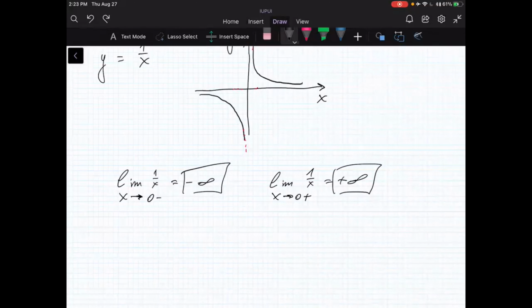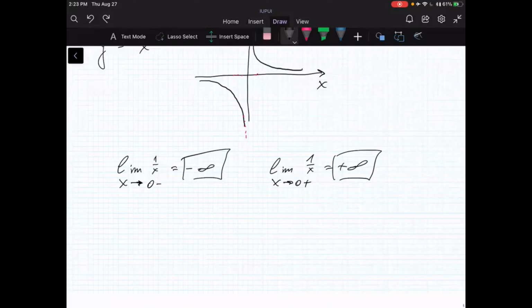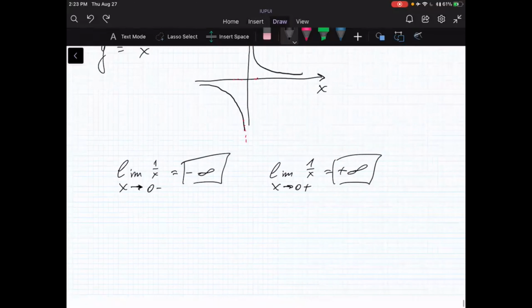And this is a kind of motivation for the opposite situation, when the function is continuous.